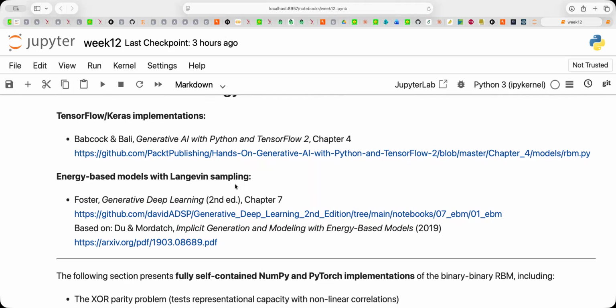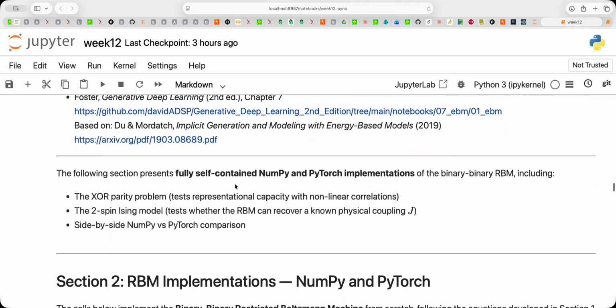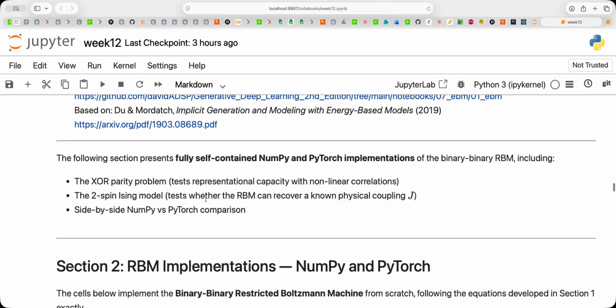So what I've done here is actually to present a set of codes, which I just wanted to discuss briefly with you. And the first code is actually my own implementation, just using plain NumPy functions. And then there's a PyTorch implementation.